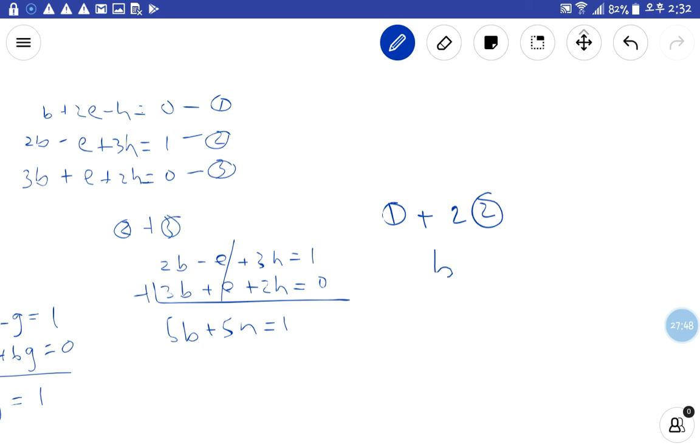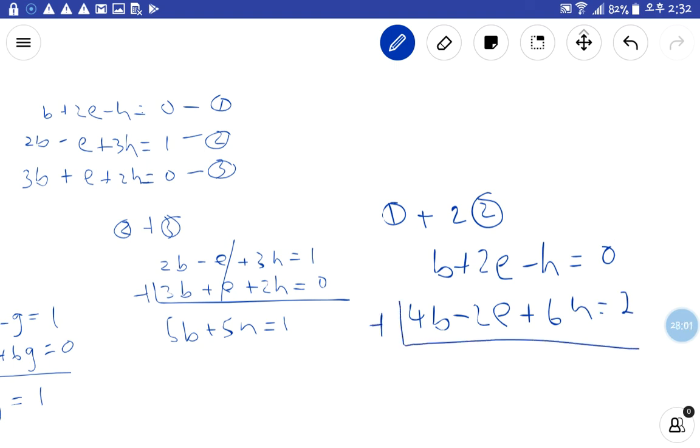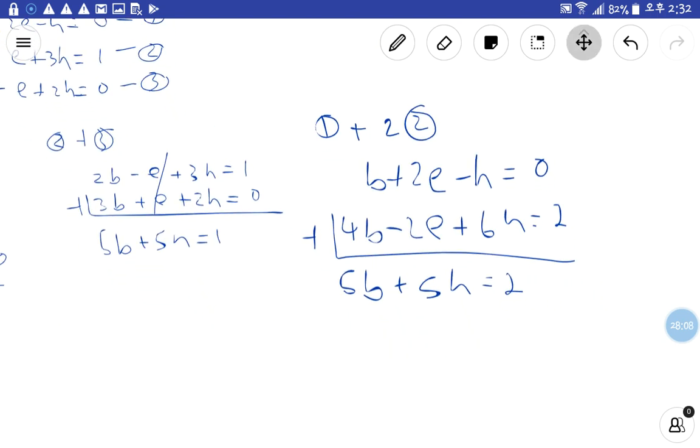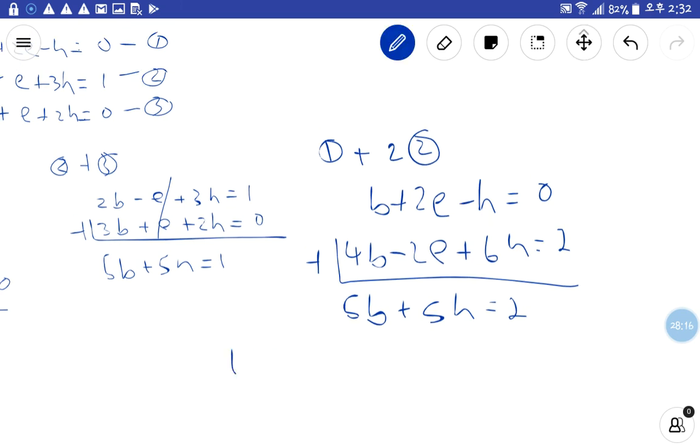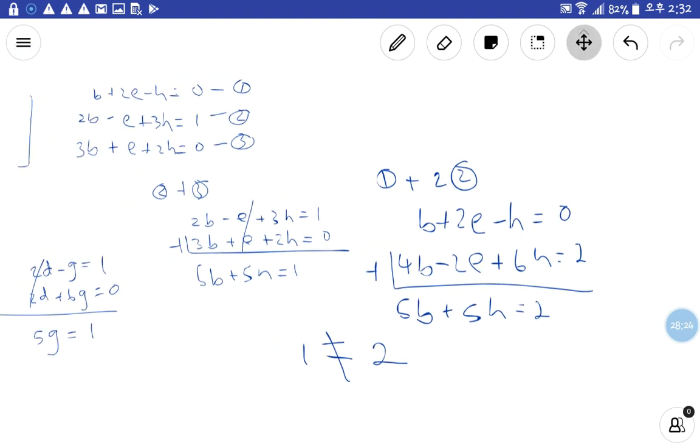Then I get B plus 2E minus H equals 0. 4B minus 2E plus 6H equal 2. If you add them up, that should be 5B plus 5H equal 2. So I had 5B plus 5H equal 1. If you solve those two, I end up having 1 should be the same as 2. But does it make sense? Not really.